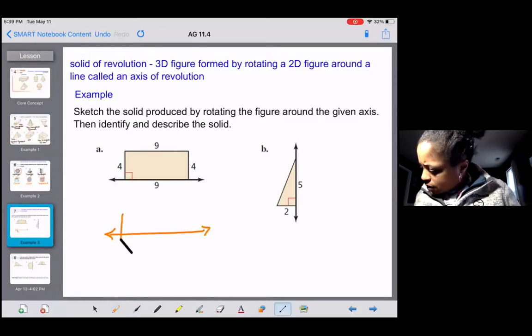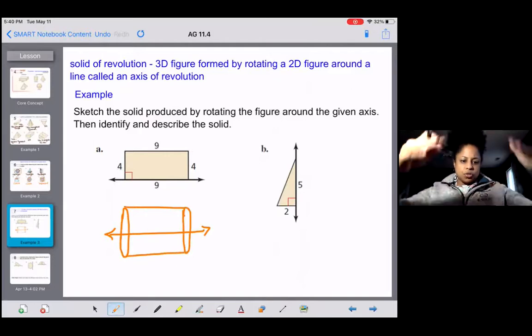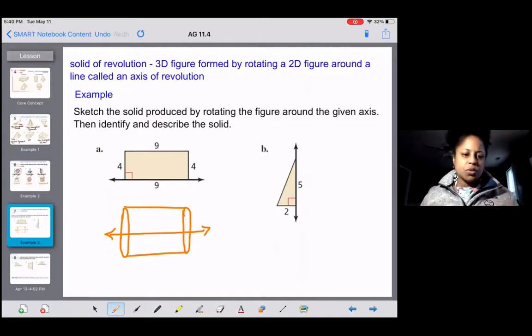If you were to sketch that, you could draw a line, and the circle part is going to be here and here. And then it's going to be bound by those two. So you're going to have a cylinder once you rotate that rectangle around the axis.